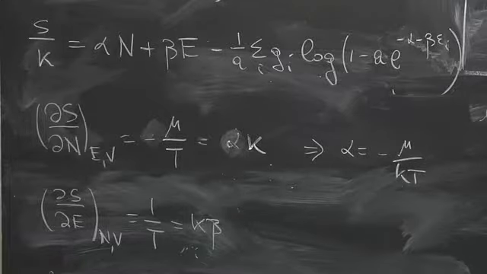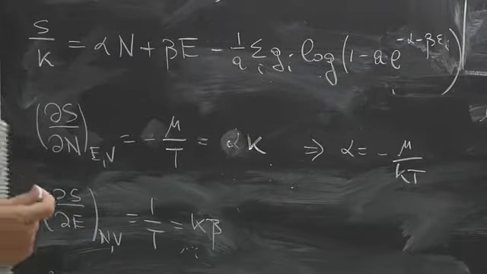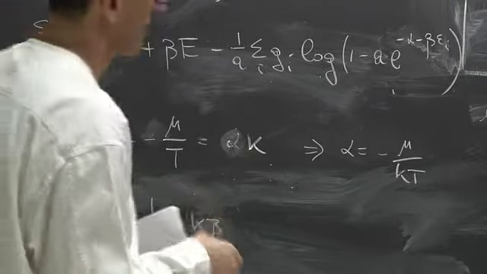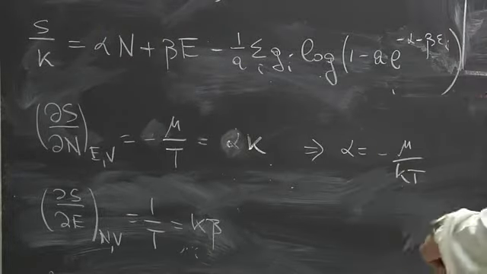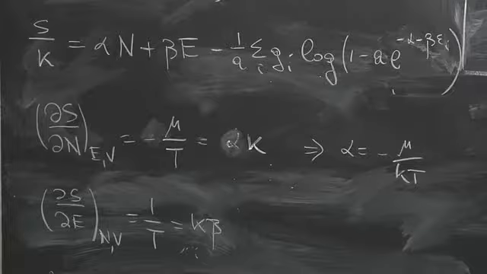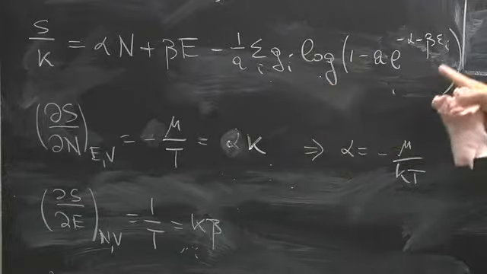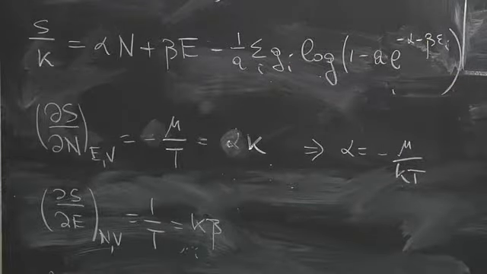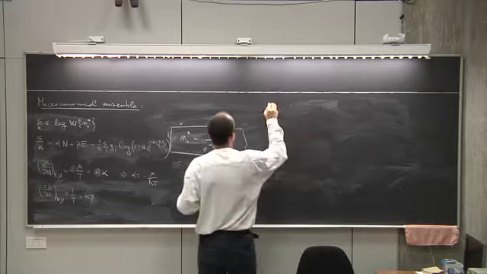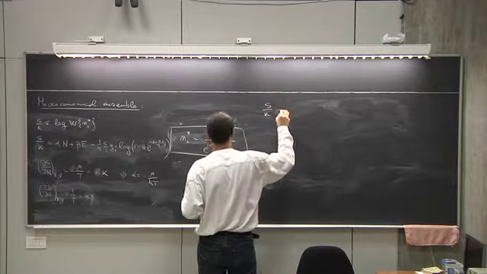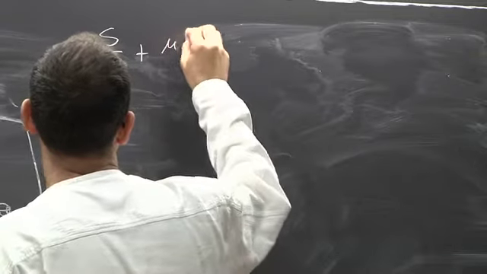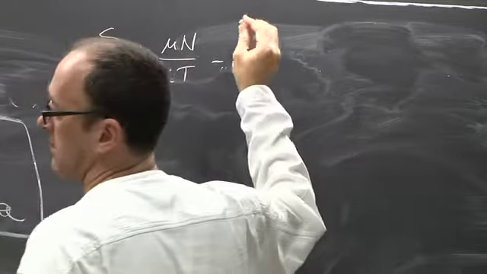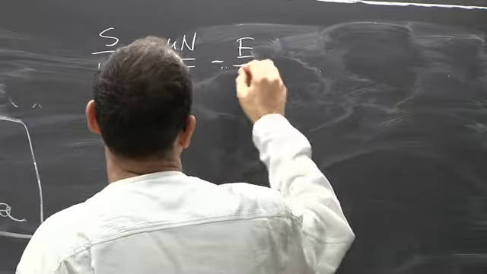Okay? And by the way, if you do this, you see again that this combination here is precisely something we have already encountered, because it's S divided by k plus mu N over kT minus E over kT.